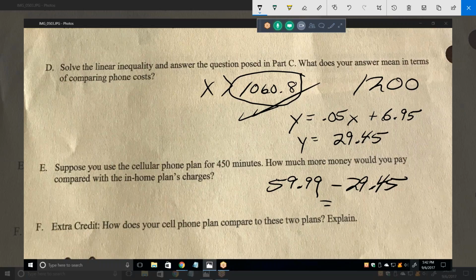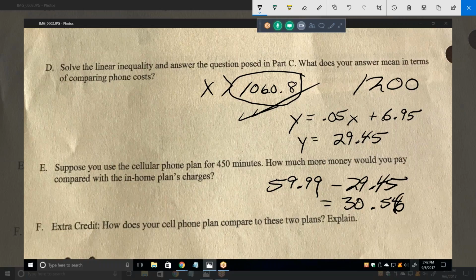Yeah, and it's whatever that is. $30.54, my bad. I didn't do my math right.